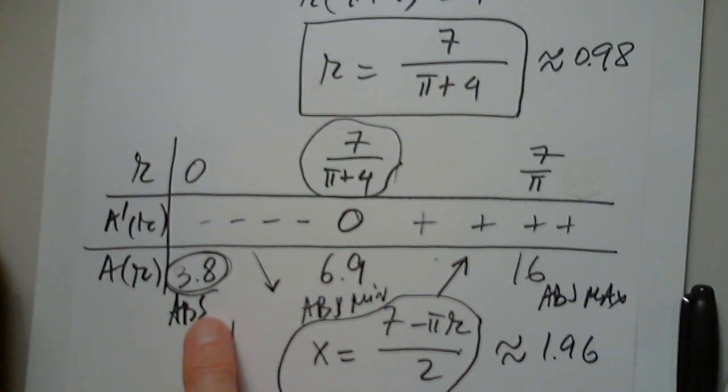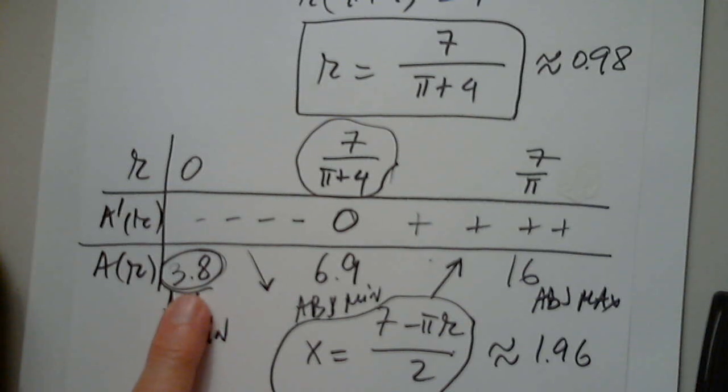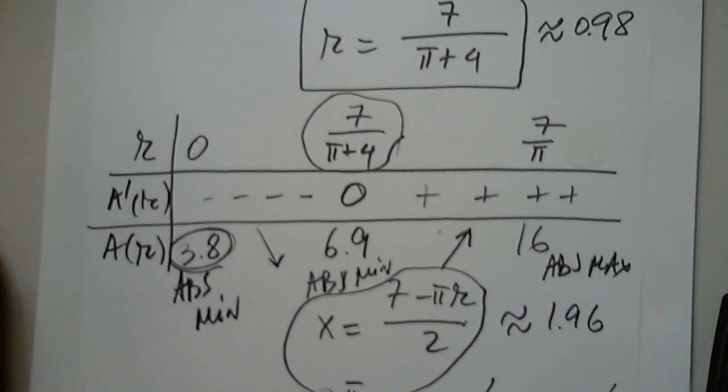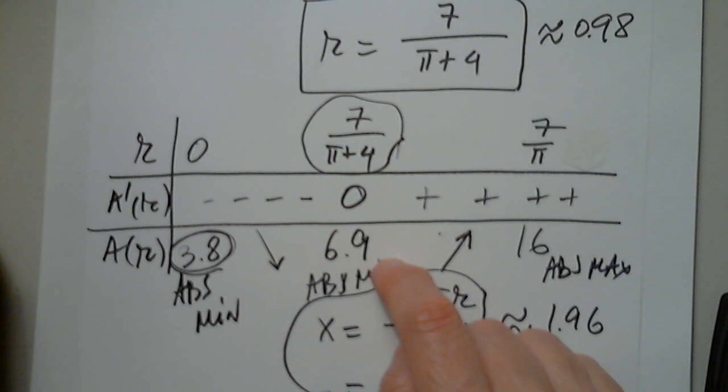I have to see what is going on because it makes no sense. So my 3.8 here is incorrect. But this is the absolute minimum. So they want us to determine X that gives the absolute minimum.